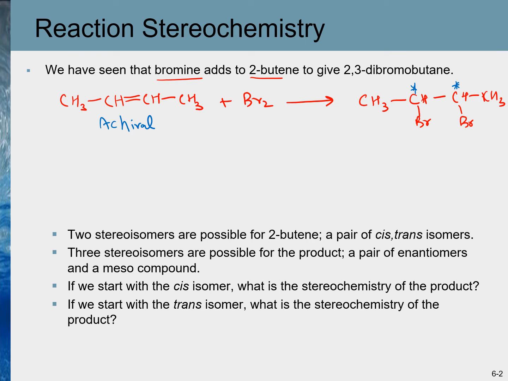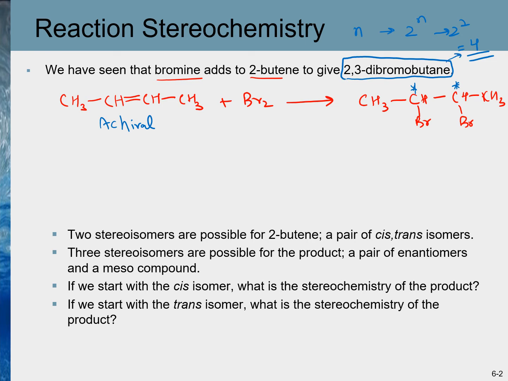If you recall from stereochemistry, for any molecule with n chiral centers, the number of stereoisomers possible can be calculated by the formula 2 to the n. So this product may have 2 to the 2, which is 4 stereoisomers. So 2,3-dibromobutane can have 4 stereoisomers.